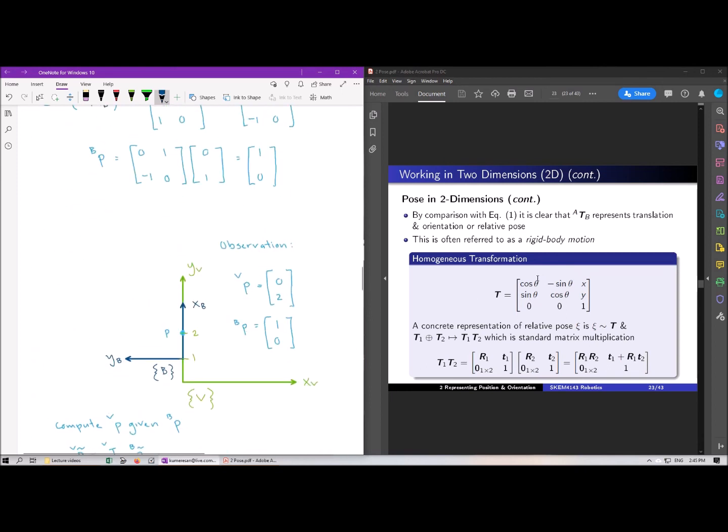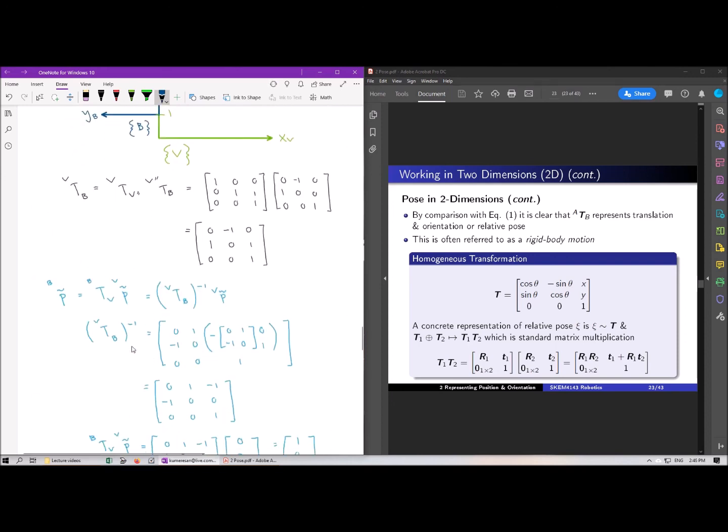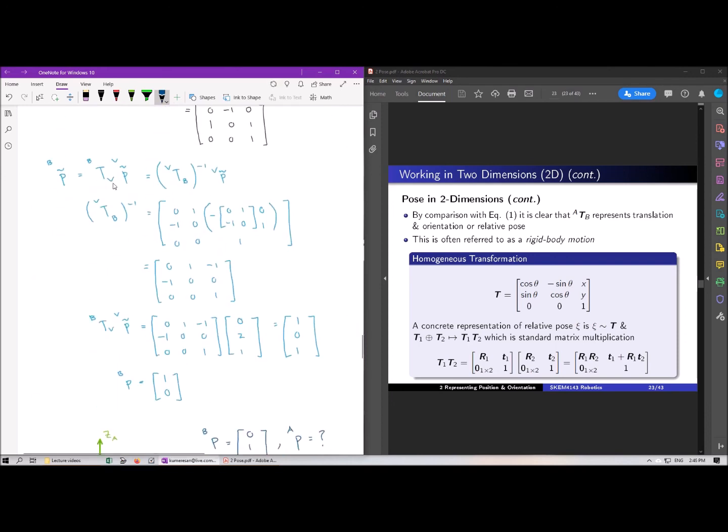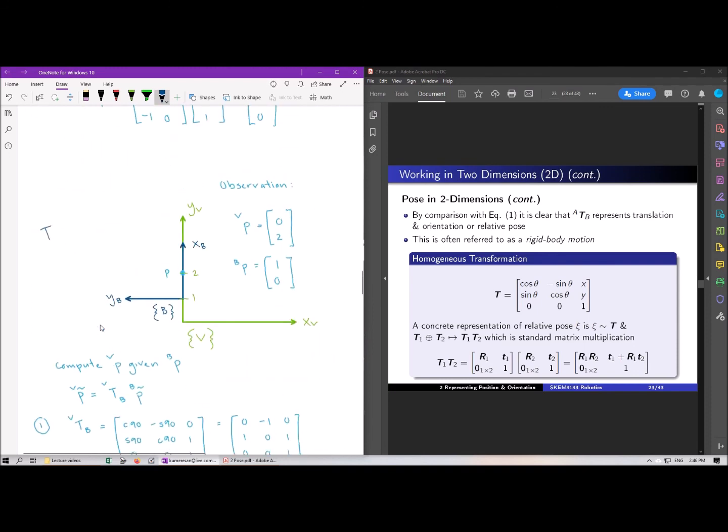Because we know that this column represents the X coordinate frame. Let's try to derive it by observation, if we are good enough. What are we trying to find? In the next problem, we are trying to find TVB. What is TVB?